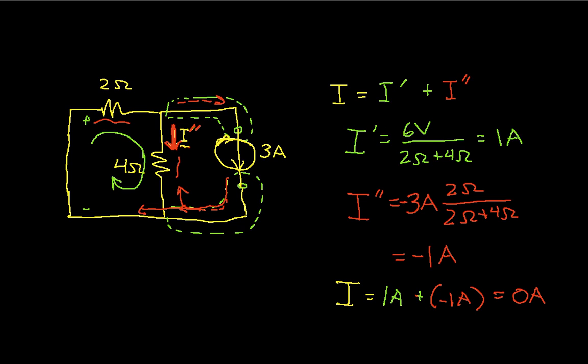In other words, in my original circuit, the current that flows through the 4 ohm resistor is 0. And there we go. We've used superposition to solve for a current that flows through a resistor.